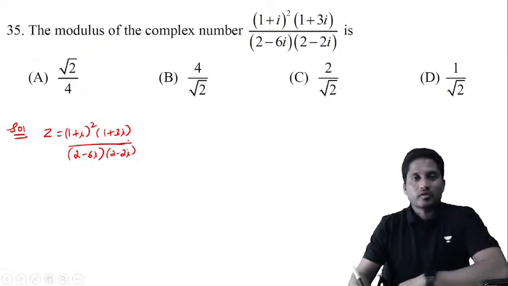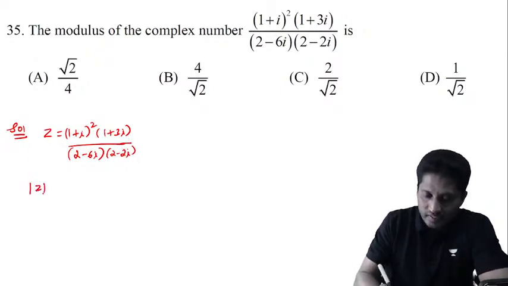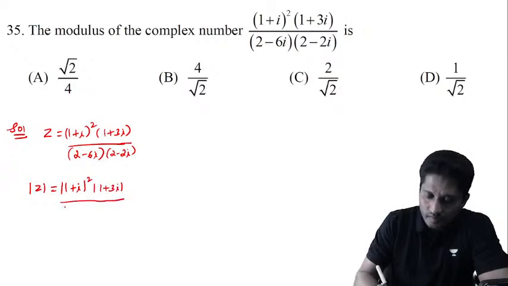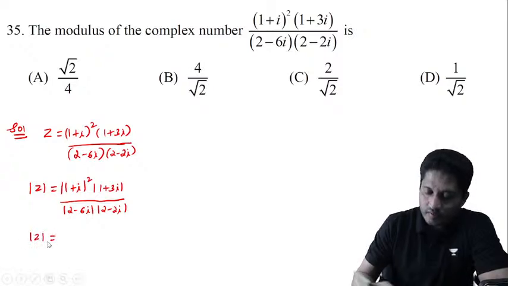Suppose the modulus of Z is equal to mod of (1 plus i) the whole square, modulus of (1 plus 3i), divided by modulus of (2 minus 6i) and modulus of (2 minus 2i). Modulus of x plus iy is equal to root of a square plus b square.